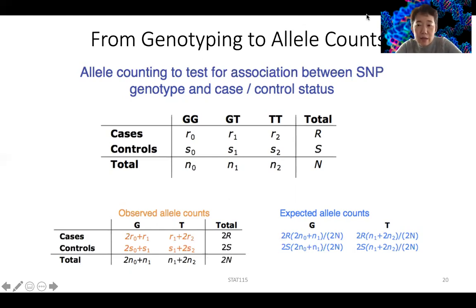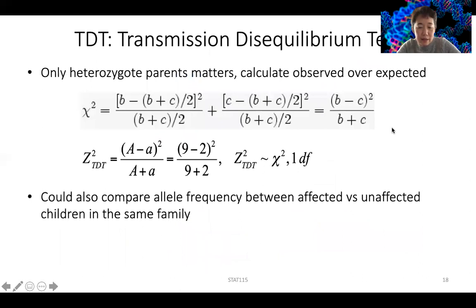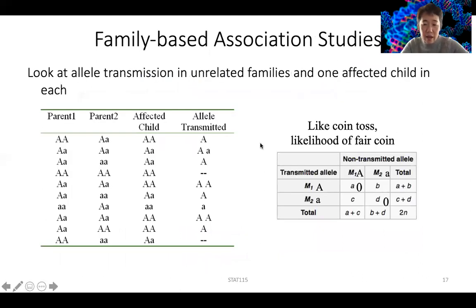So we have a question here: what is transmitted? The transmitted allele is what's important. For example, in the parent-child case, this parent has 2 big A's.